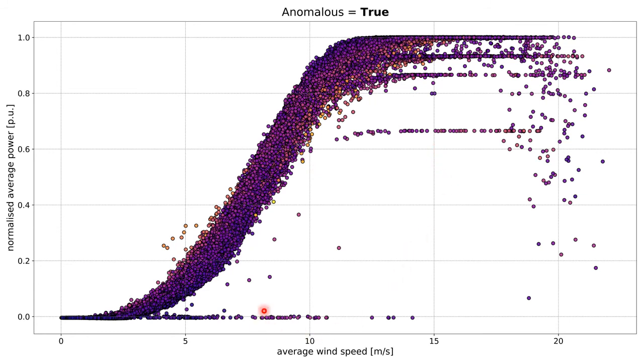And you can see that there is a number of instances, for example, zero power output, or these points here around the cut-in wind speed, or these instances of curtailment that are kept in the data set.